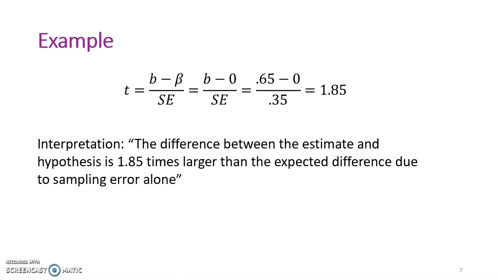So to calculate the t-statistic, we would subtract 0, or the expected population coefficient size under the null hypothesis, from 0.65 and divide by 0.35, which would give us a t-statistic of 1.85. Now, we interpret this t-statistic as follows. The difference between the estimate and the null hypothesis is 1.85 times larger than the expected difference due to sampling error alone.